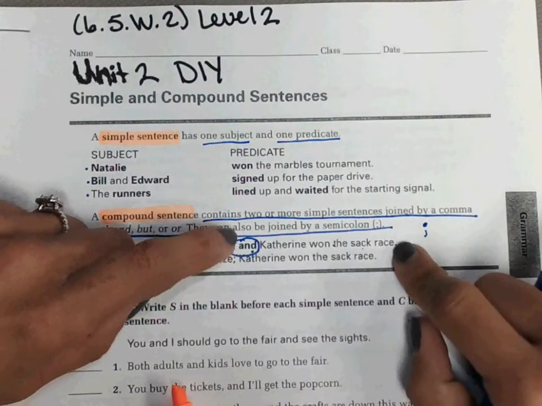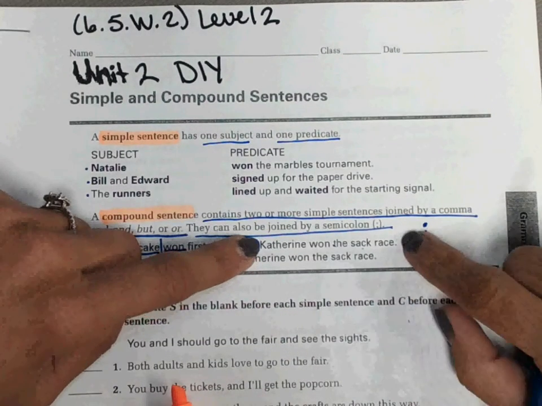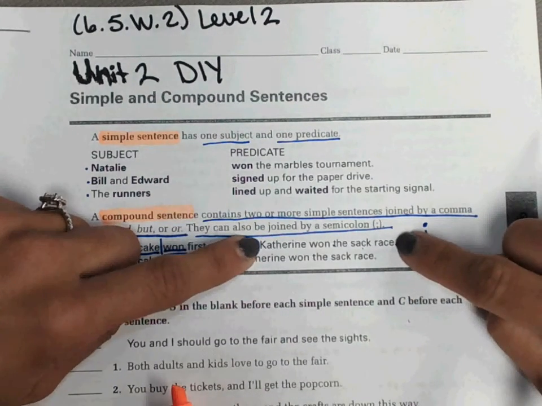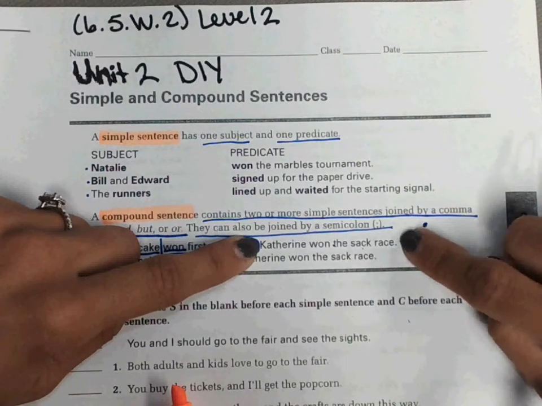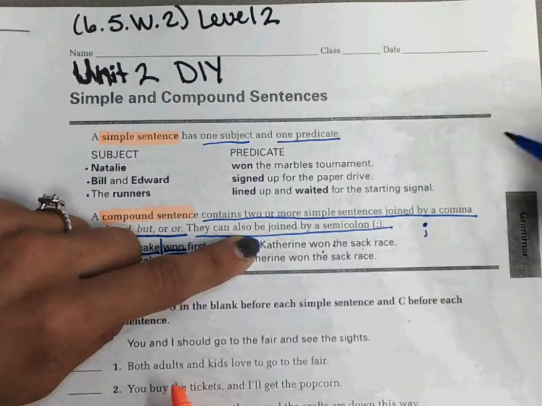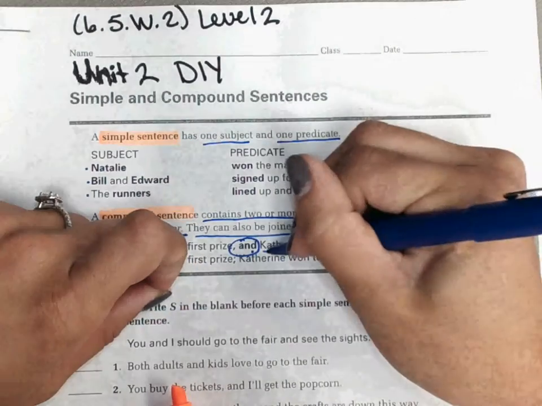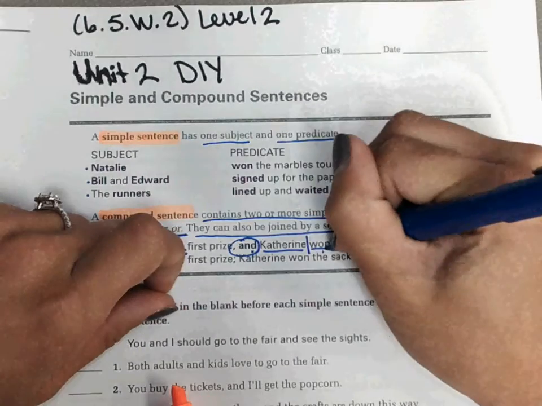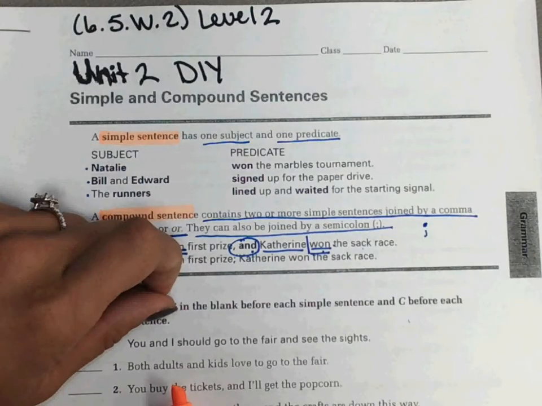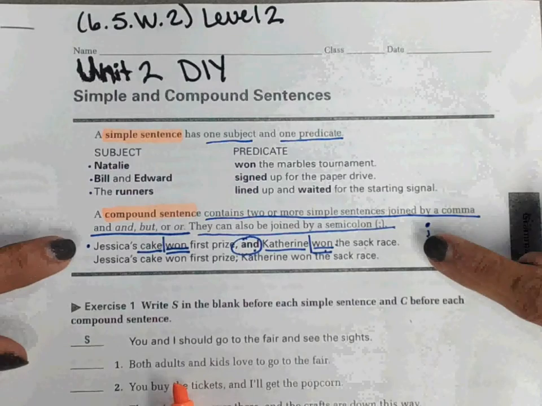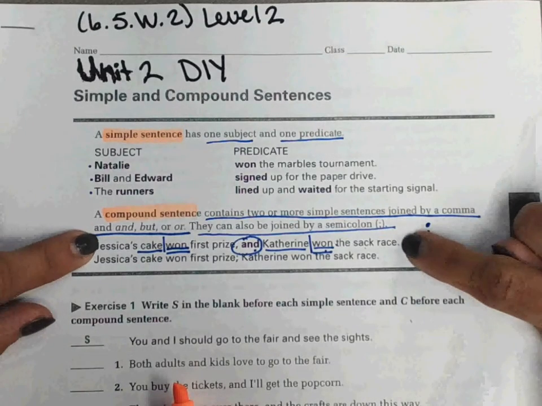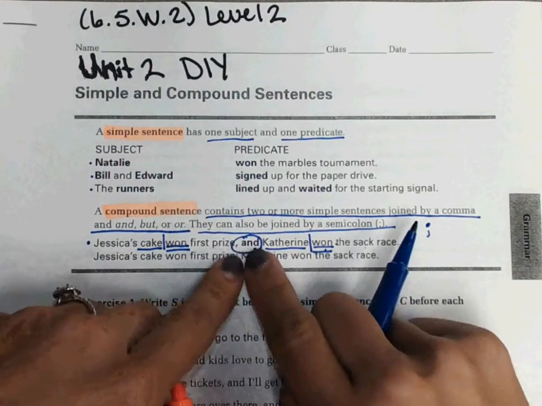Now let's look on the other side of comma and. We have Catherine won the sack race. That's also a simple sentence, because if we find our verb, which is won, put our line, we have Catherine as our simple subject and won as our simple predicate. So we have two simple sentences that are combined by comma and.